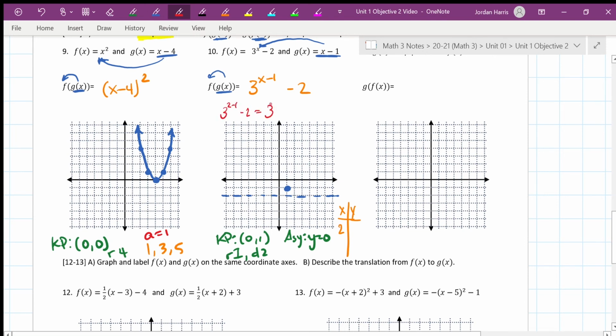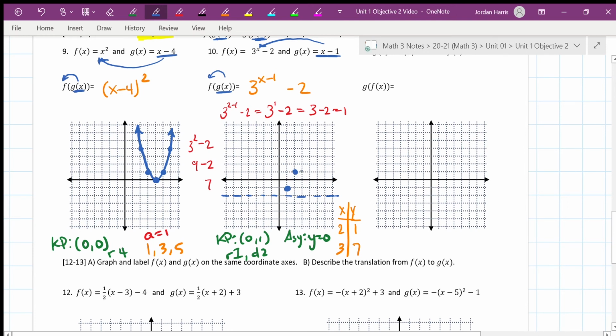So that would be 3 to the first minus 2, which is 3 minus 2 or 1. I could plug in the next one over if I wanted to, so that would be 3 to the squared minus 2, so that would be 9 minus 2, which is 7. Might not fit on my graph. We'll see. So I have 2, 1.